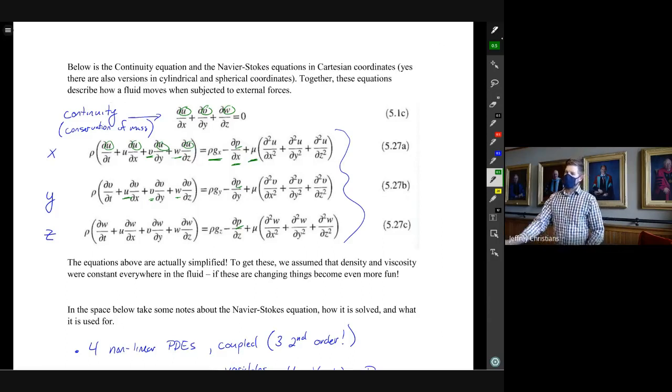Just like when we've looked at forces on a control volume, we said in this problem gravity's not acting in the x direction, so we don't need to care, and in this other problem pressure is the same, so we don't need to care about pressure. We can do some of those same types of simplifications.